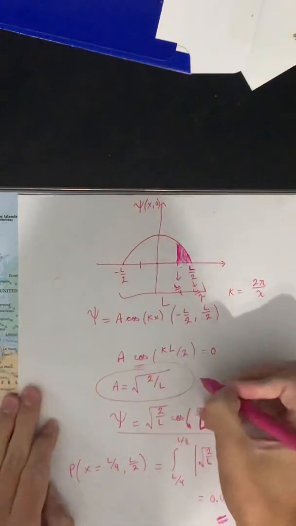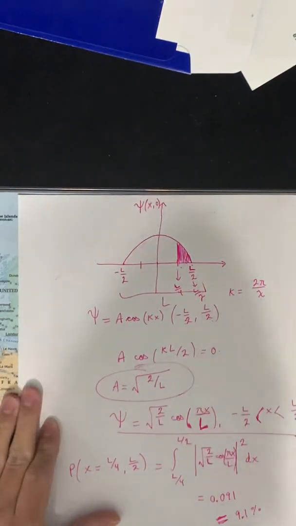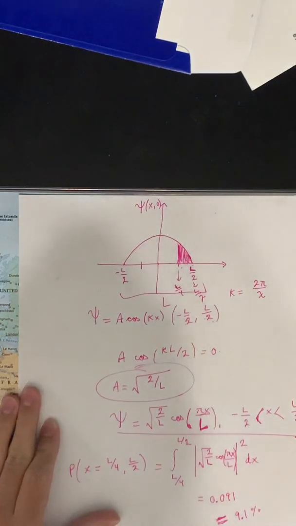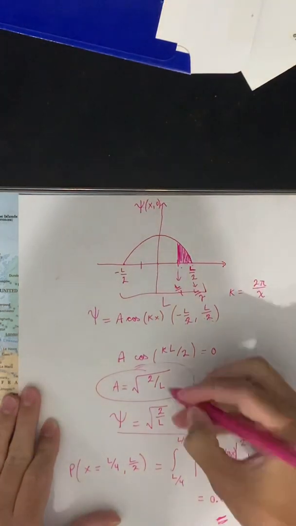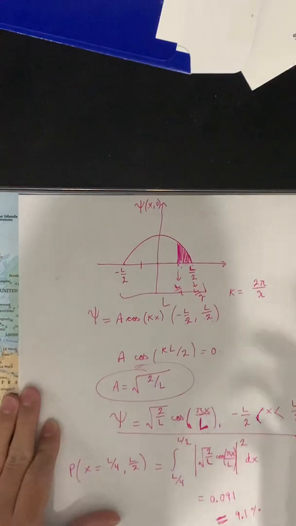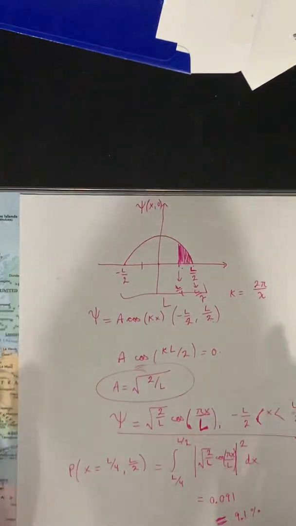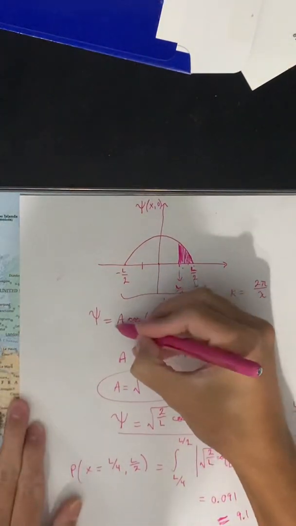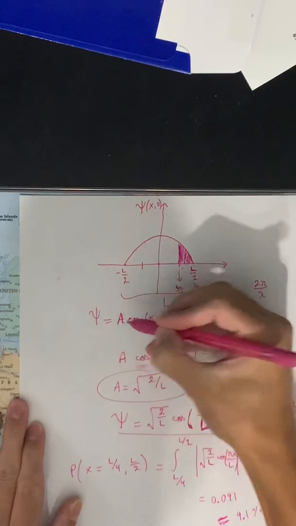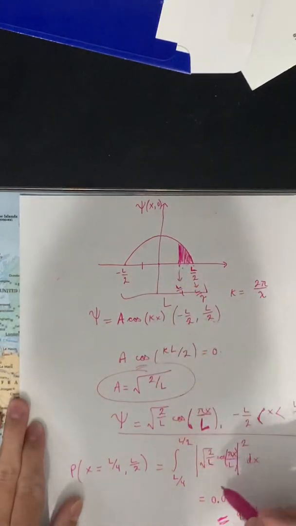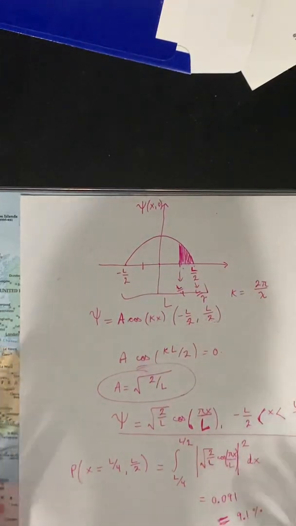And we have this function, we normalized it so we can obtain a real sensible value of what the probability is. And it's important that we normalize this wave function, because if we don't normalize it, it's all possible states, and we don't have this a value. And if we don't have this a value, we're dealing with another constant when we're trying to integrate this, and we simply can't solve it.